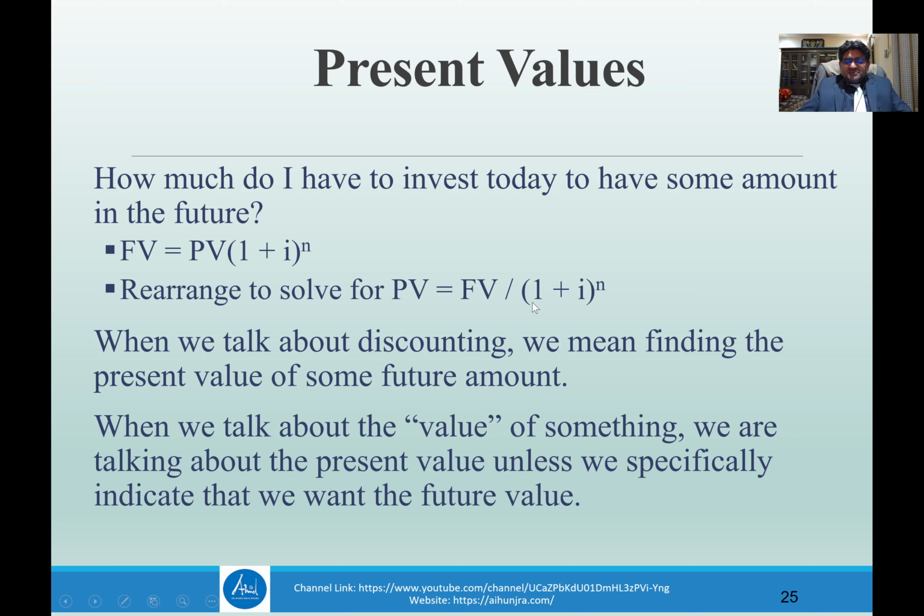The present value will always be less than the future value. Here is inverse discounting, that's why we name it discounting. Look at this part, the denominator is (1 plus I). The higher the I, the lower this ratio will be. The higher the n, the lower this value will be. It means the higher the interest rate or the more the time periods, the lower the present value. There is an inverse relation.